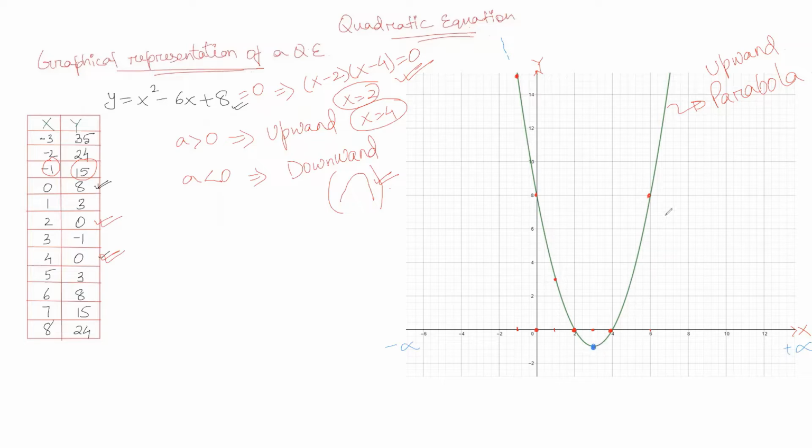And then again, when we increase the value of x, the graph kept on increasing and it attained a very high value again. The point at which the graph attained a minimum value is called the minima point. And the value that the graph attained at this minima point is the minimum value of this quadratic equation. In this case, this minimum value is minus 1.